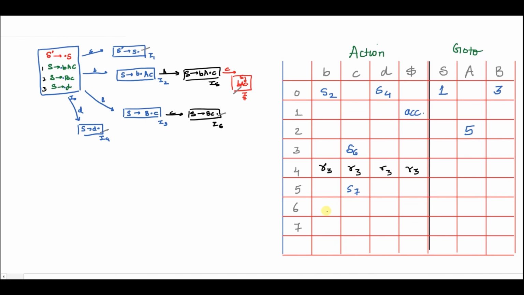And similarly for the sixth one, I6 is complete, which is R2. So I'll write down 2 here. And for I7, this is 1. So I'll write down 1 everywhere in case of terminals.